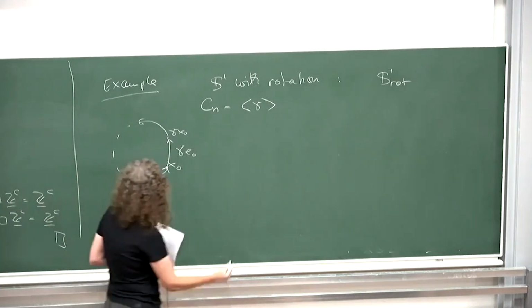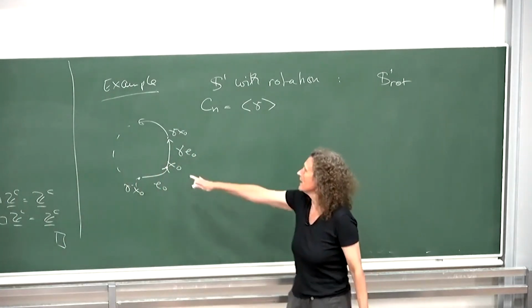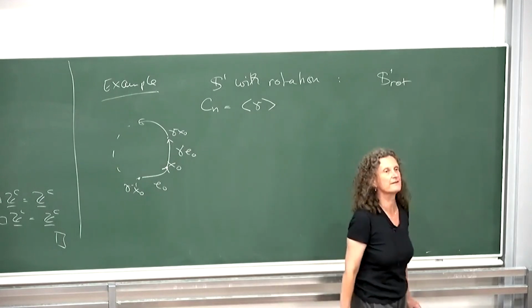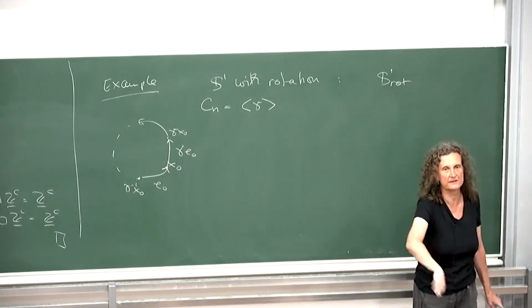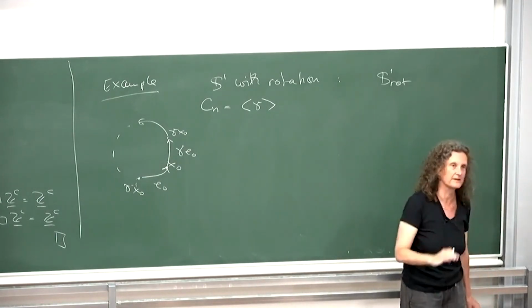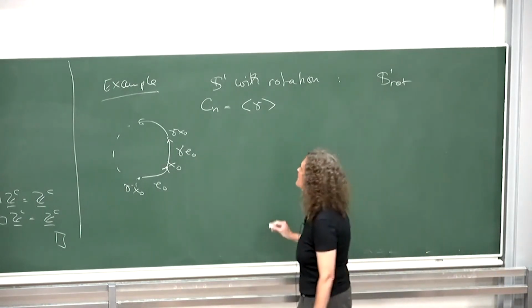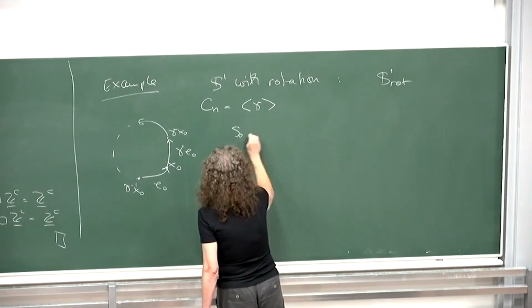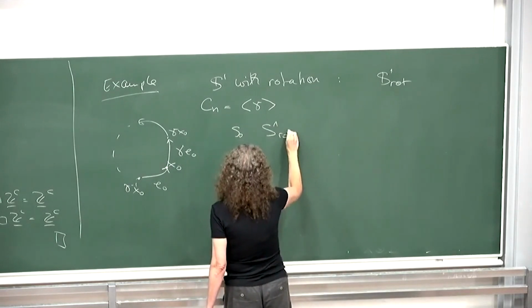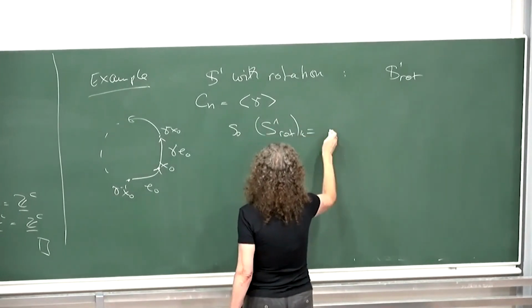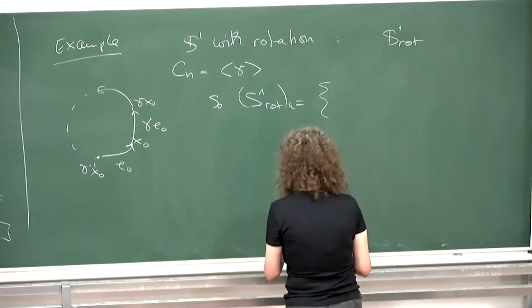So what is the good thing? Everybody is a free orbit, right? The point gives a free Cn orbit. The edge gives a free Cn orbit. Everybody's happy because then we know what we get. So the rotation circle in degree k only has 3 orbits.